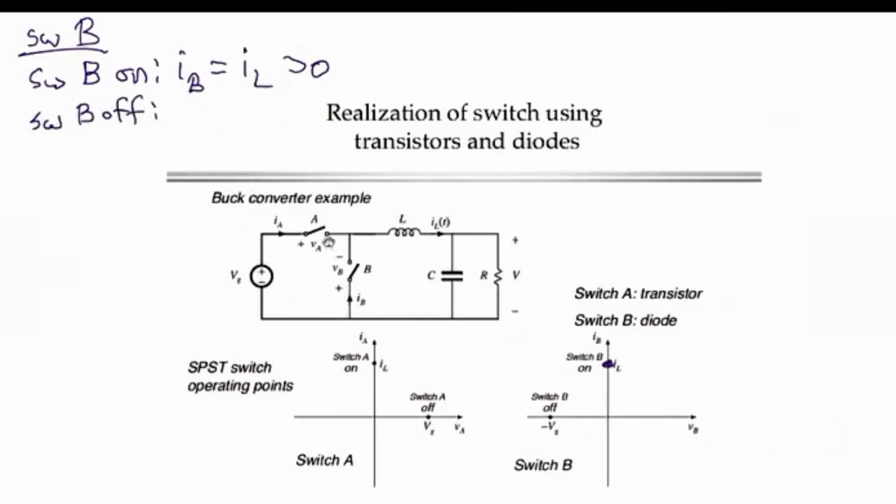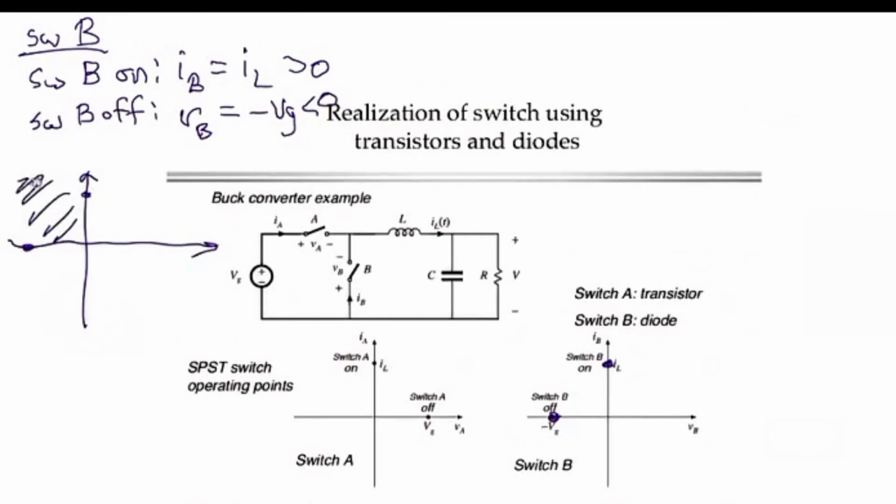When switch B is off, switch A is turned on, and B has to block Vg. But be careful with how we define the direction. Voltage VB is actually negative Vg, which is a negative quantity, so we have to block a negative voltage. So in this case, we have a positive on state current and a negative off state voltage, which is the second quadrant, and that's a diode.